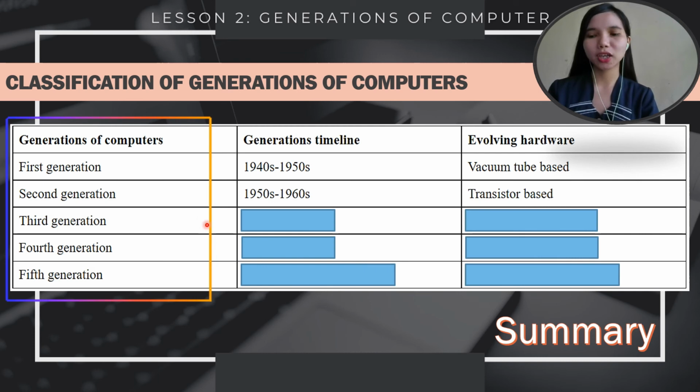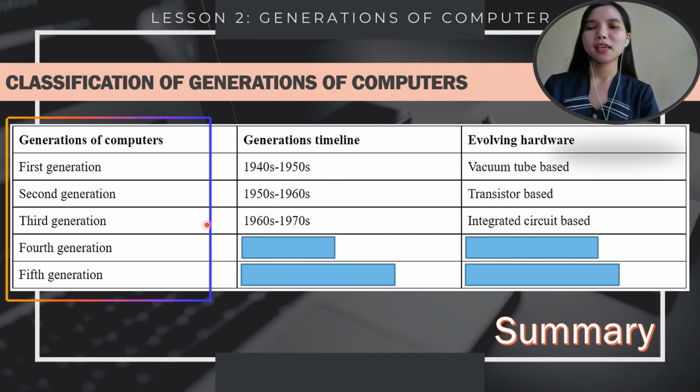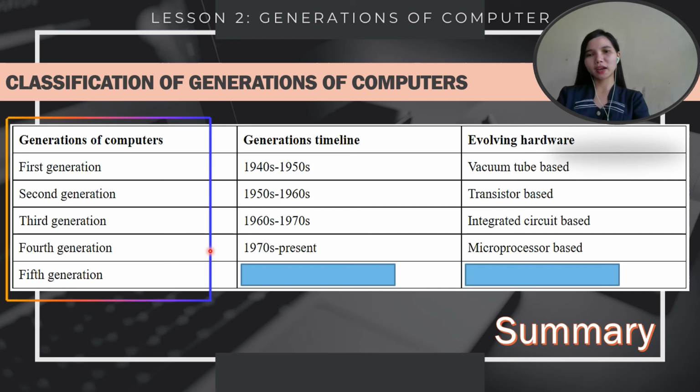And then the third generation, from the 1960s to 1970s. The evolving hardware is integrated circuits, ICs. IC-based already. And then the fourth generation from 1970 to the present. And what is the evolving hardware?